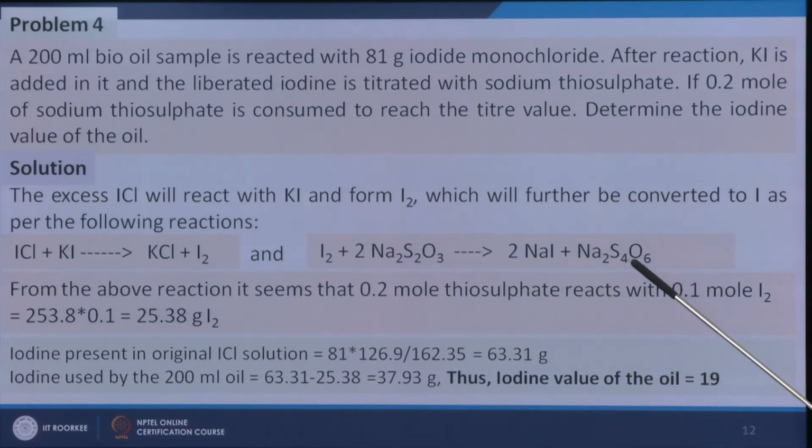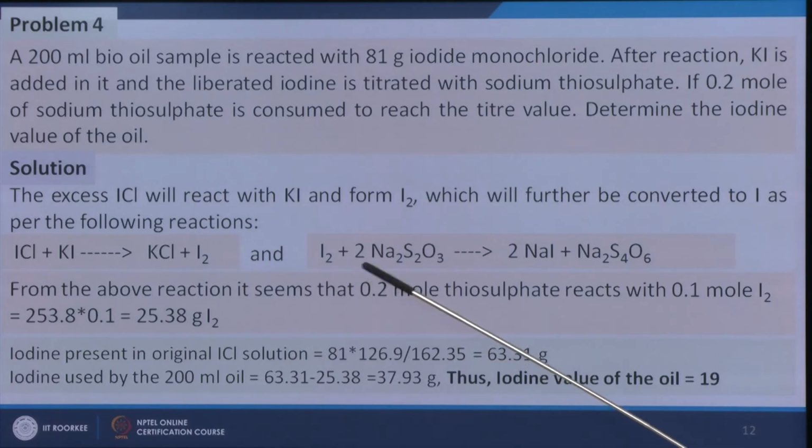When this reaction takes place and all the iodine is consumed, that can be traced by adding some indicator. A starch indicator is used. At the end point, how much Na2S2O3 is used can be calculated, and as per the statement that is 0.2 mole.